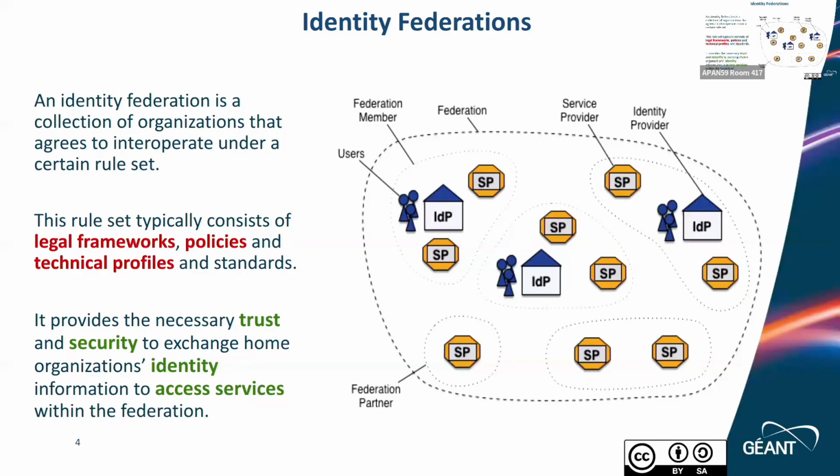These enable a layer of trust between the entities, the organizations in this federation, and also the needed security to exchange identities and access resources. And the third party that is providing this layer of trust is the federation operator, the identity federation itself. It is the needed trusted third party that enables this exchange.